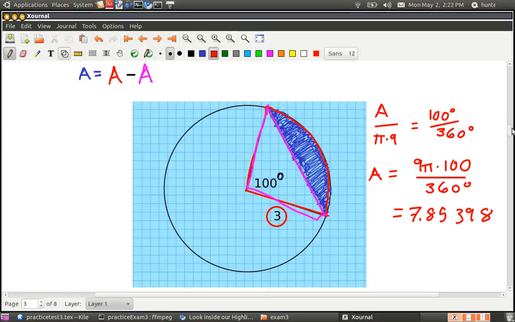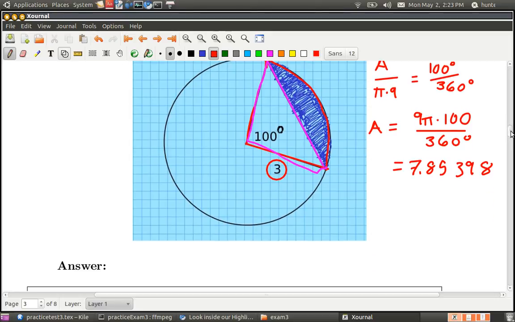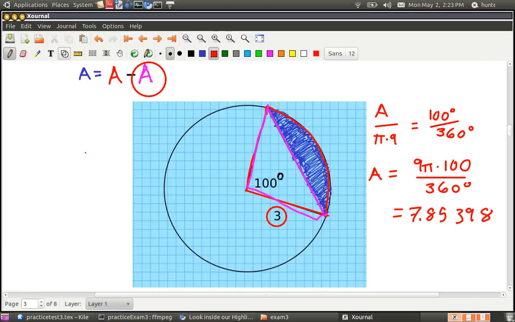Alright, so now let's focus on finding the area of the magenta triangle. Okay, so we need to take that away from the area of the sector that we just found. So let's just redraw this triangle on its own. So it has some sides. Okay.